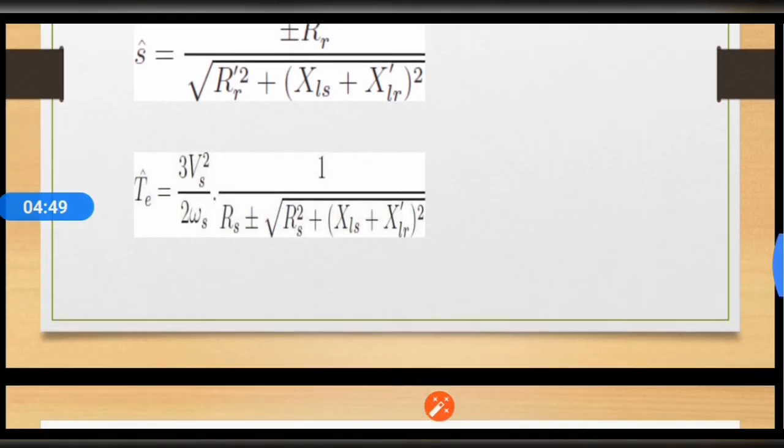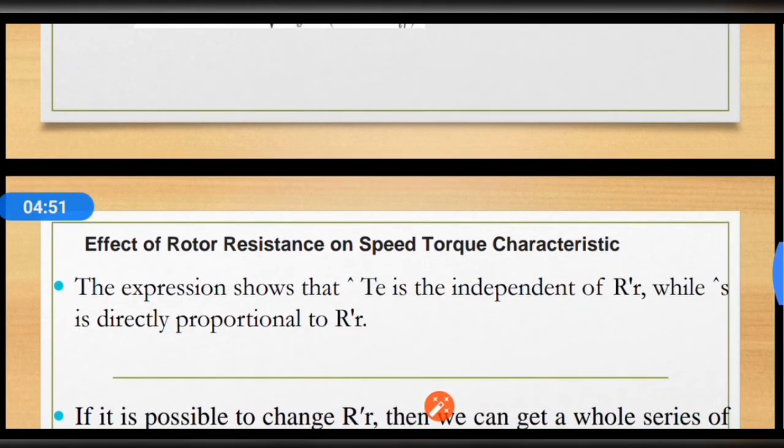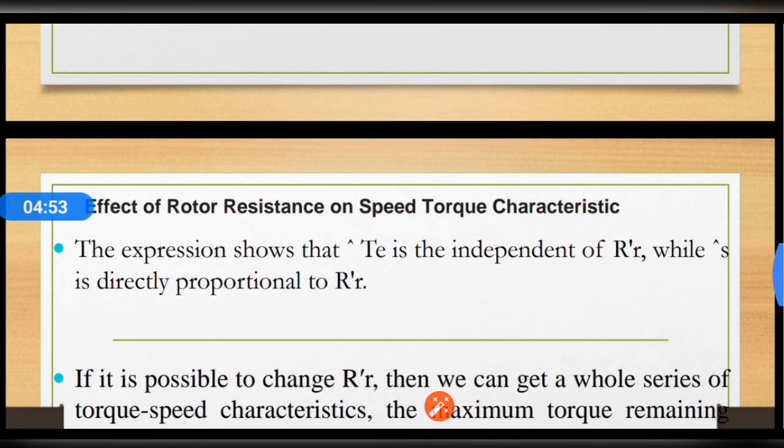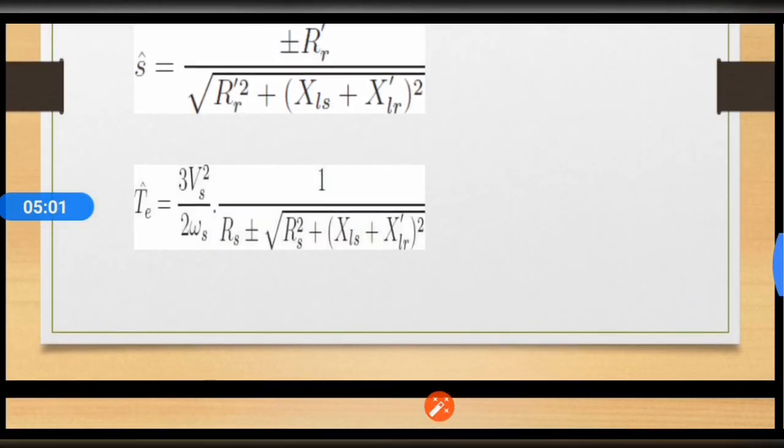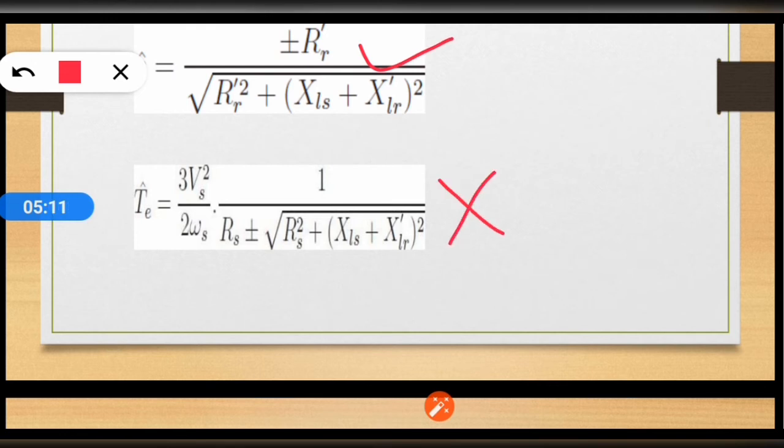We can conclude from these expressions that the critical value of torque is independent of r dash, while the critical value of slip is directly proportional to r dash. We can see in this expression that the slip depends upon r dash, whereas the torque does not depend on the rotor resistance.